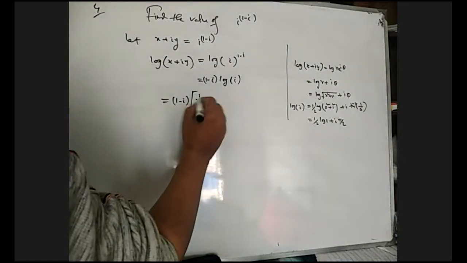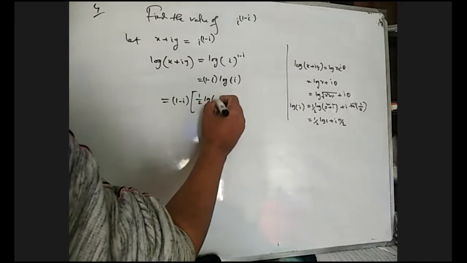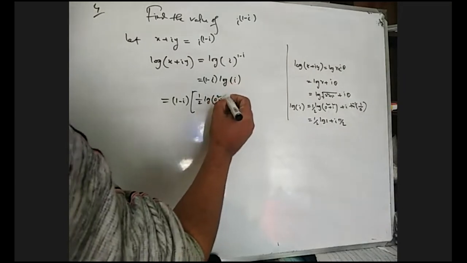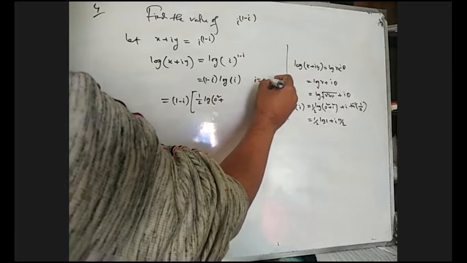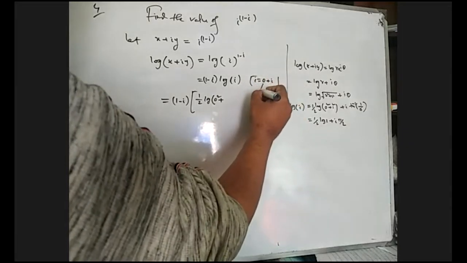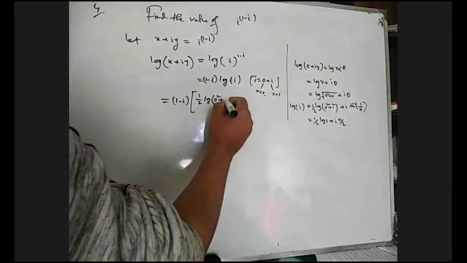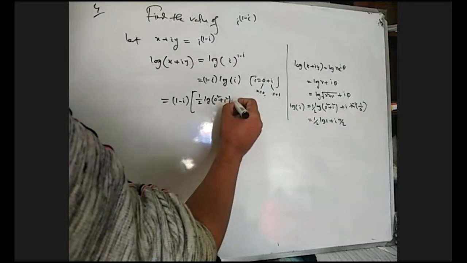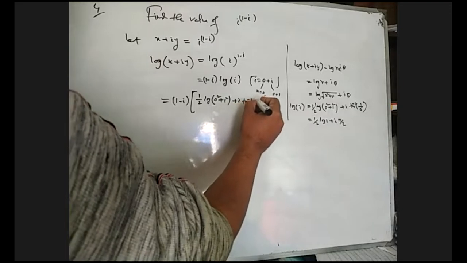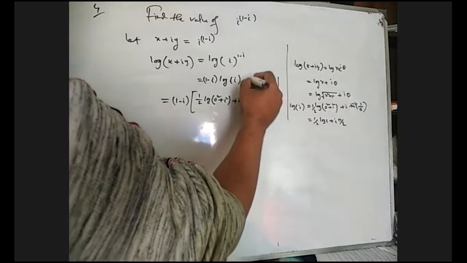This will be half log of x square plus y square. Real part of I is 0, and the imaginary part: because I can be written as 0 plus I, here x equals 0 and y equals 1. So 0 square plus 1 square, plus I tan inverse of the imaginary part divided by the real part, which is something by 0.